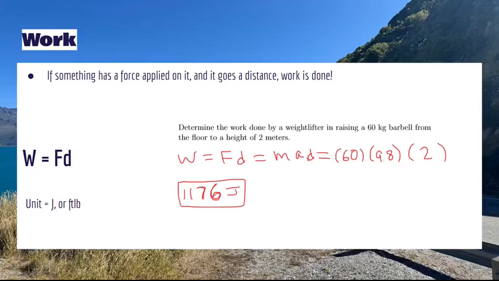But if you see the unit newtons times meters, that's joules, and the unit of force can be newtons, and the unit of distance can be meters. If that's the case, then you'll use joules as the unit for work.